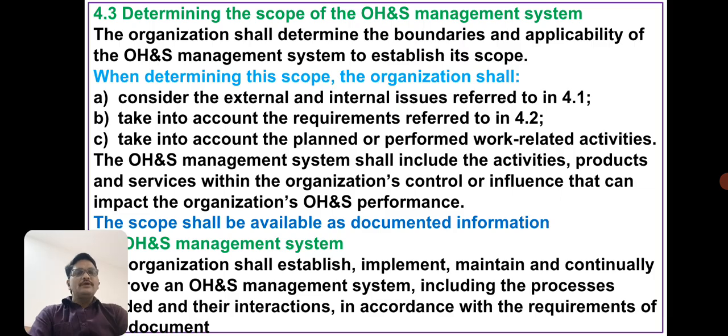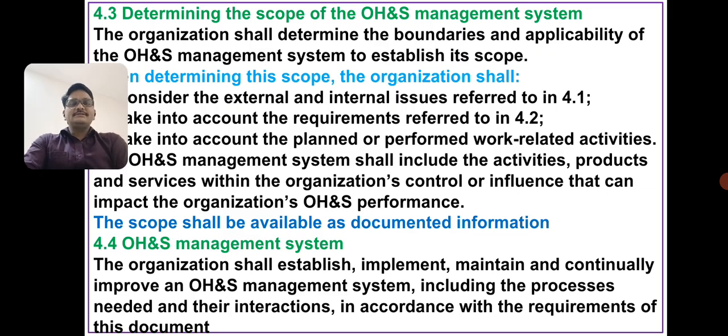When determining this scope, the organization shall consider the external and internal issues, taking into account 4.1 and 4.2 requirements also, and taking into account the planned and performed work related activities. The OHS management system shall include activities, products and services within the organization's control or influence that can impact the organization's OHS performance. Next, the scope shall be available as documented information.